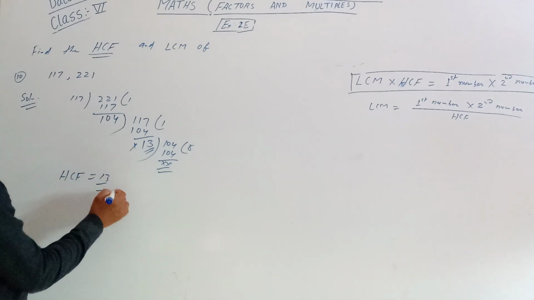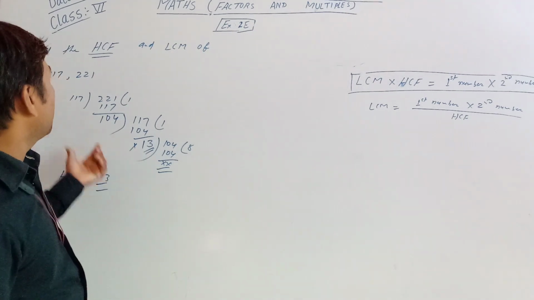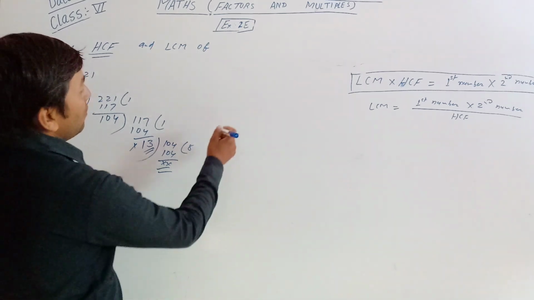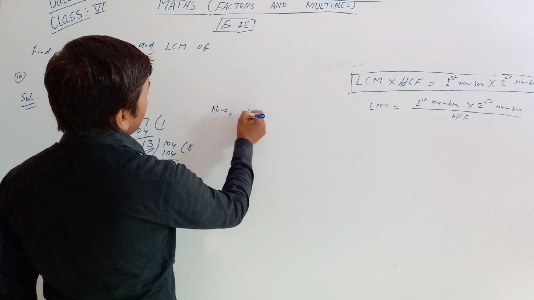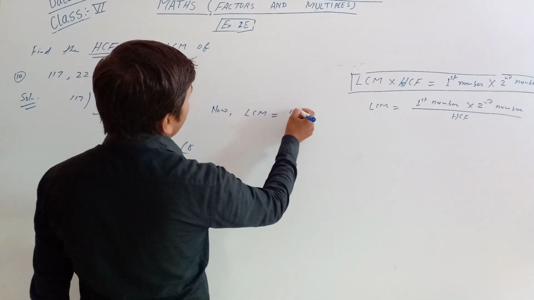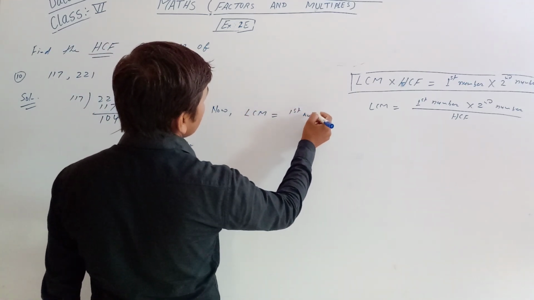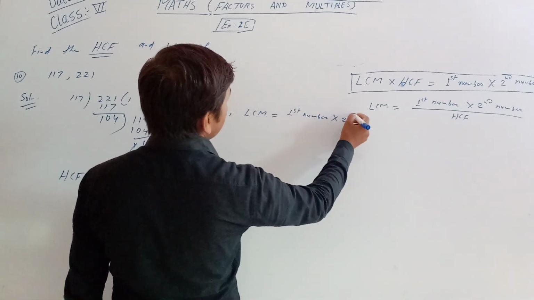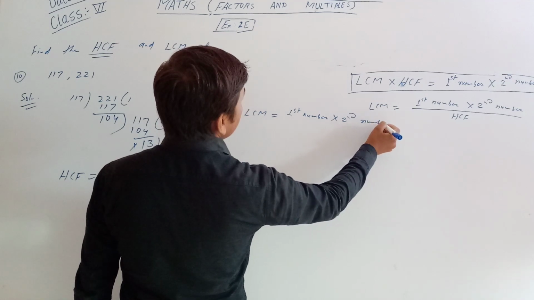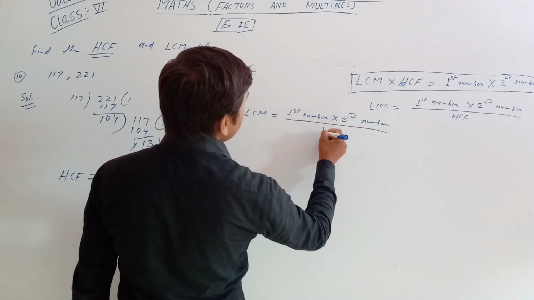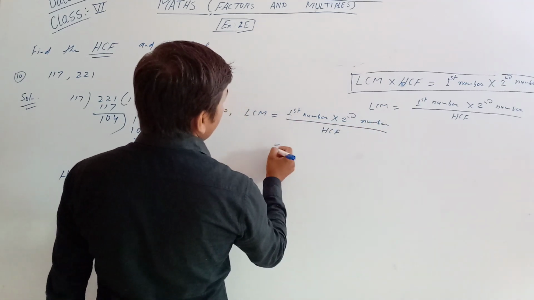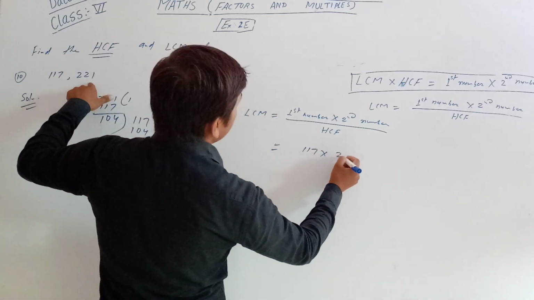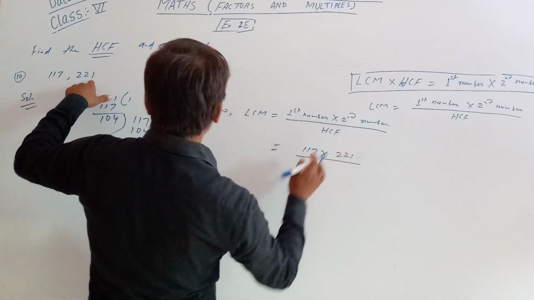By this formula we will use first number, second number given, HCF given. Now LCM equals you will write first number multiply second number by HCF. First number 117 multiply 221, second number, and HCF we got 13.